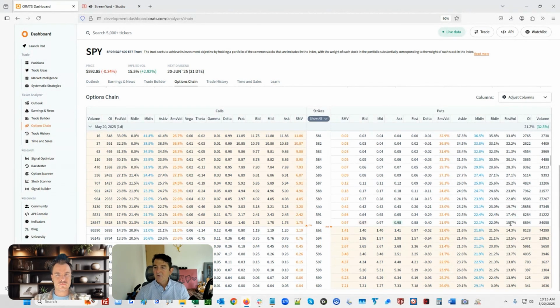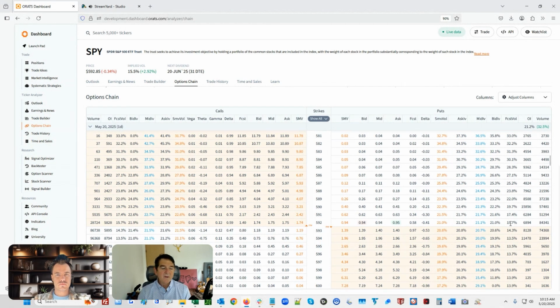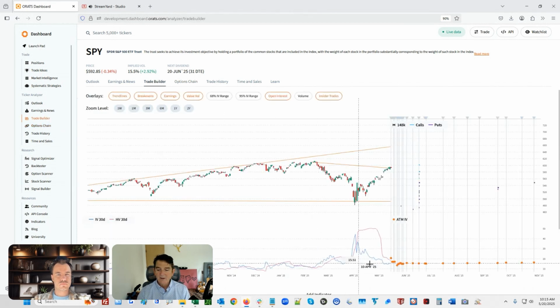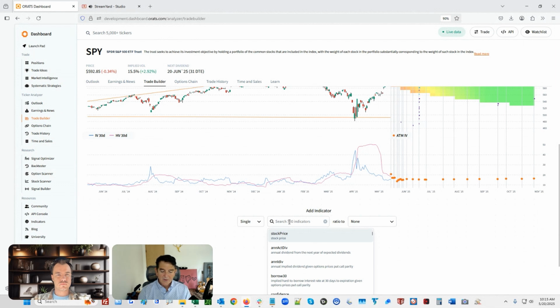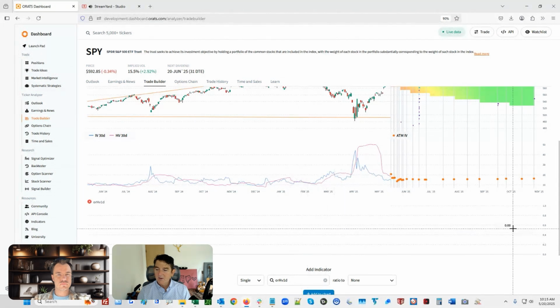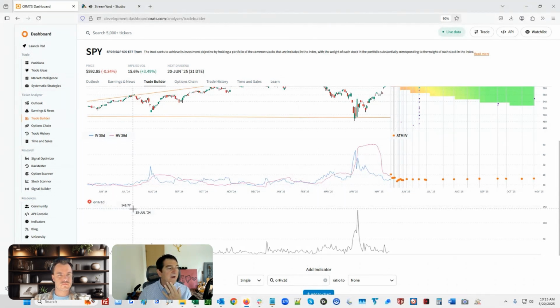So the forecast vol again looks at historical volatility. We could go to the trade builder real quick to see that. The volatility has come up, but if you look at a shorter term measurement of volatility, even the 1 day, like yesterday, ORATS has a historical volatility that's based on a Parkinson calculation that gives accurate 1 day volatility.